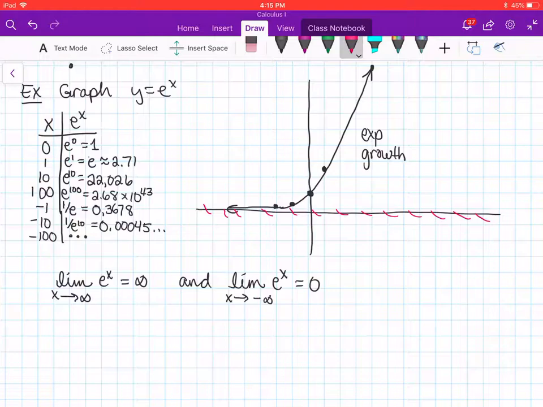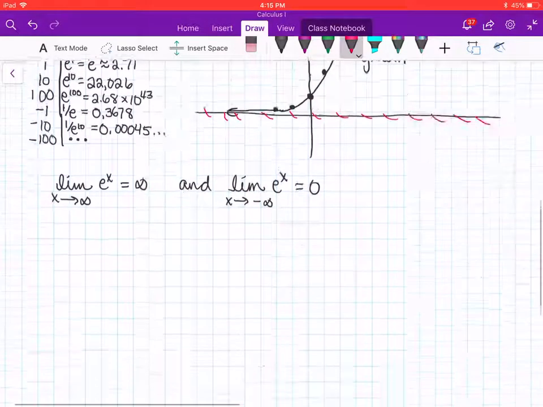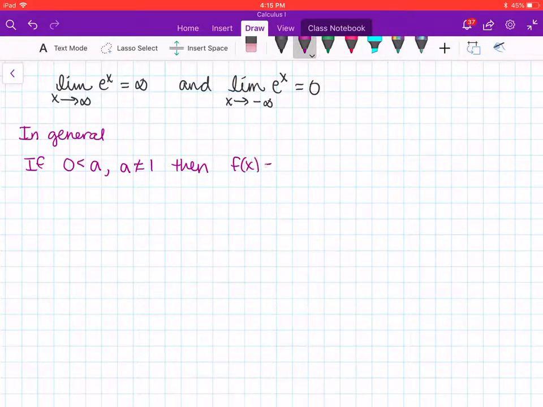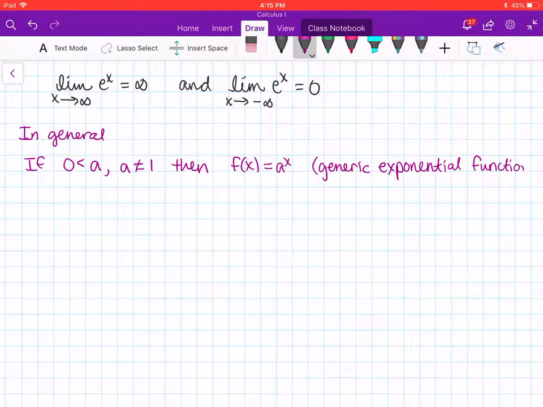Okay, so hopefully we can figure out some generic things now. So if we have a is a positive number and a doesn't equal 1, then let's consider a generic exponential function, a to the x.